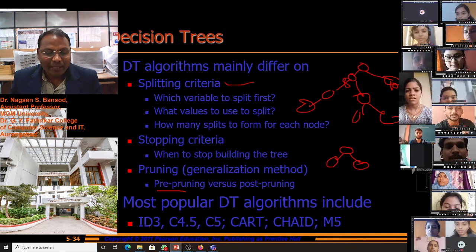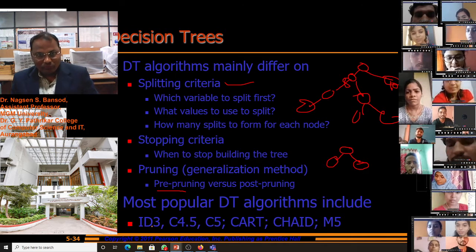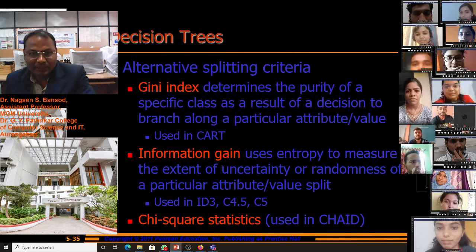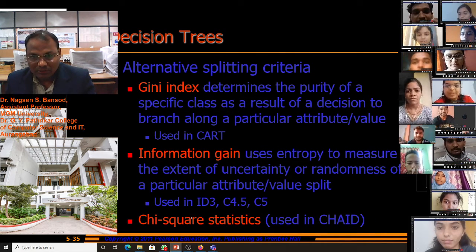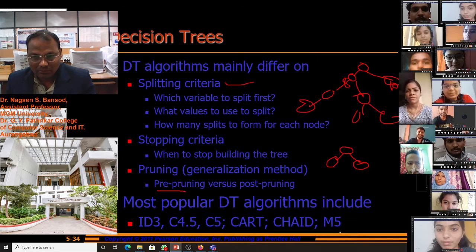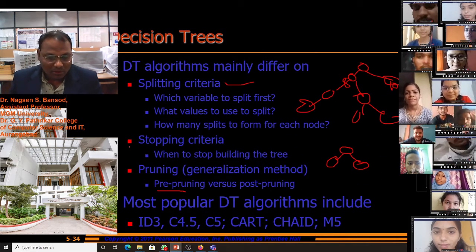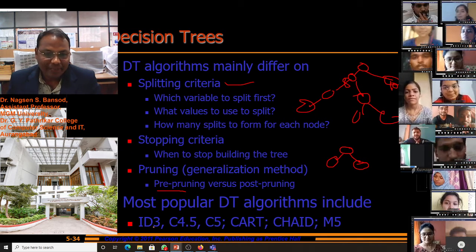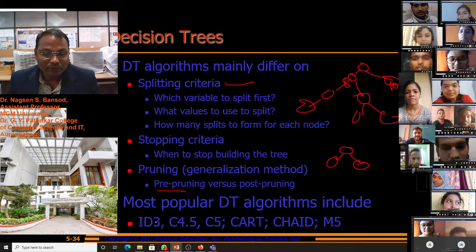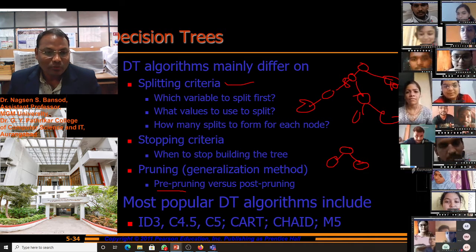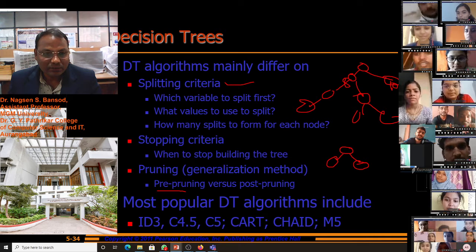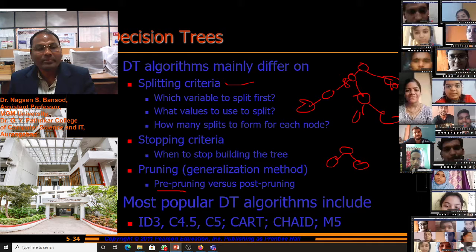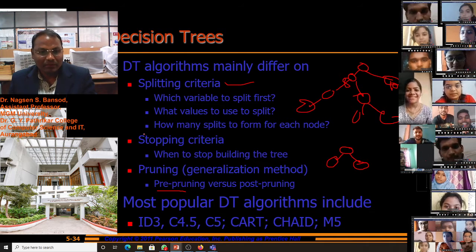The ID3 algorithm for decision tree is widely used. ID3 means iterative dichotomizer. So we have to make the iteration in dichotomized format, meaning in two parts.